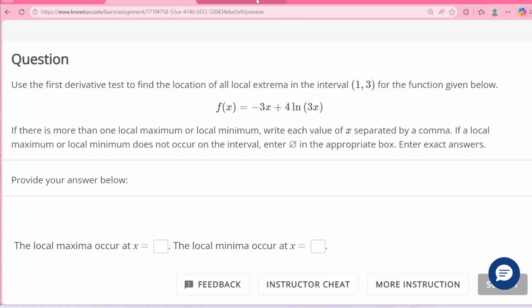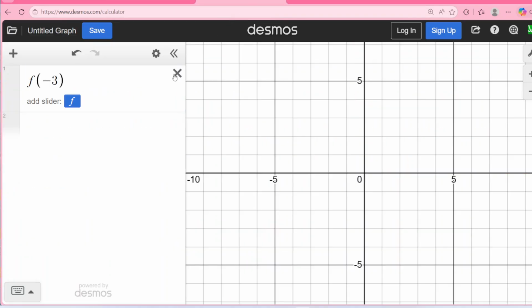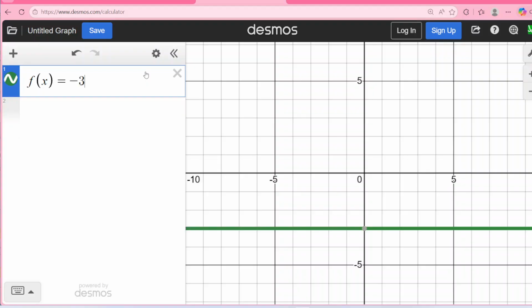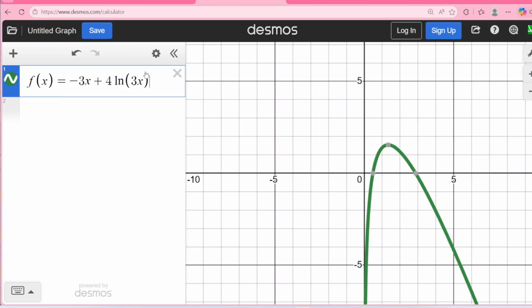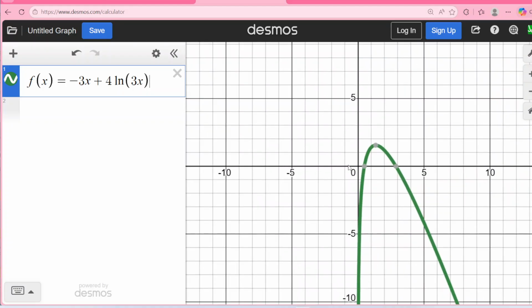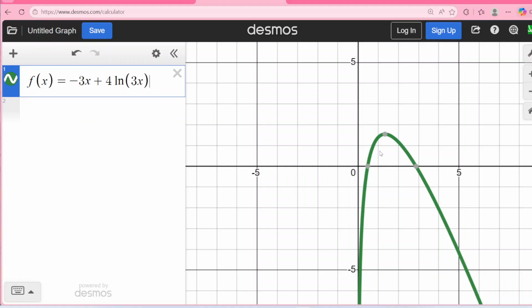Let's see that in a graph. Never hurts to double check yourself. So here is the function we were given. It was -3x plus 4 times the natural log of 3x. Notice there's no graph to the left of 0, because the domain is only positive numbers. 1.3 repeating, that's 4/3.